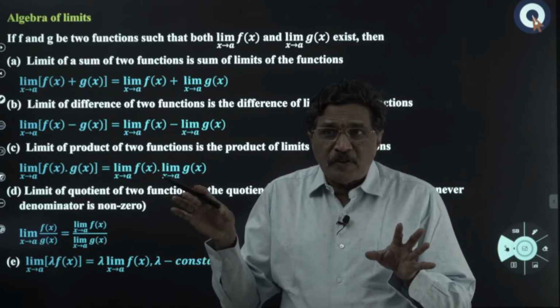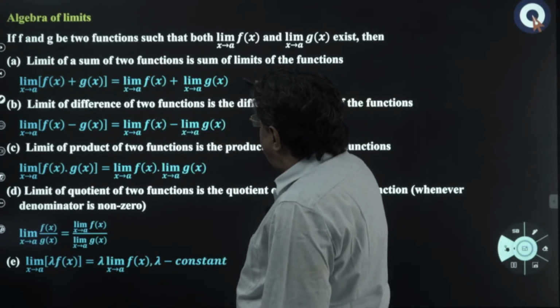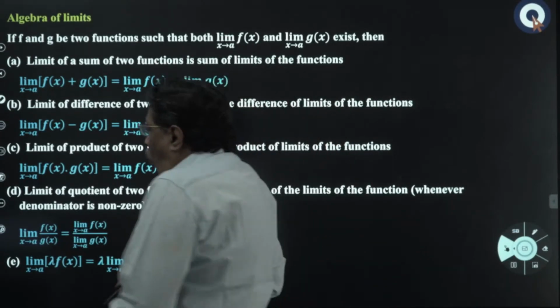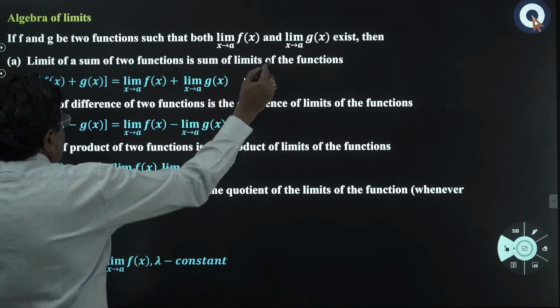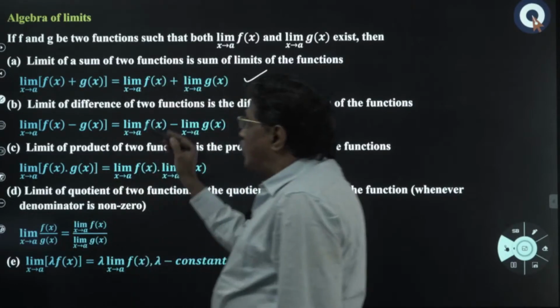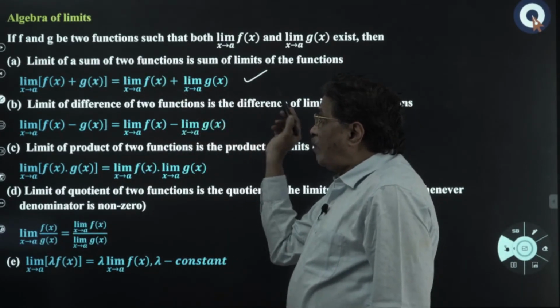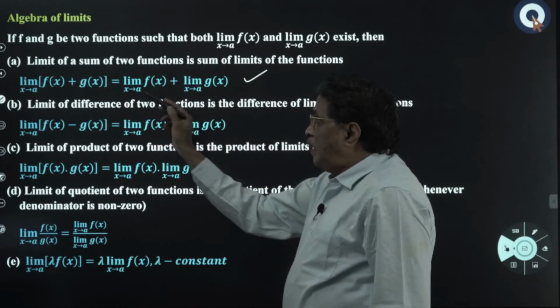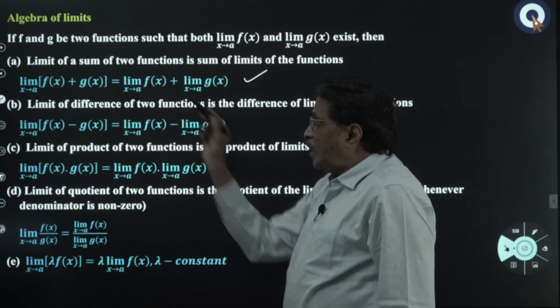For an infinite number, that is not valid. You can give some counterexamples also. The summation is simply not valid if there are infinite number of functions like this. Only for a finite number of functions is this particular theorem valid.